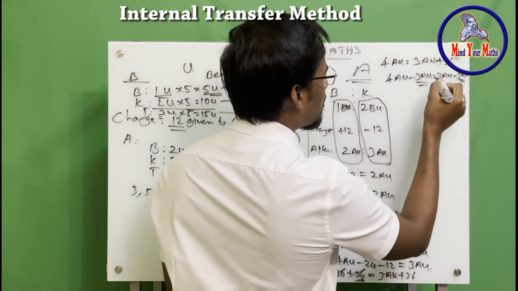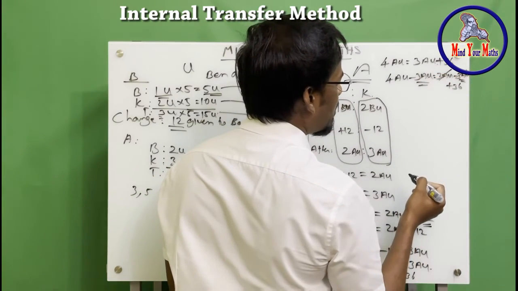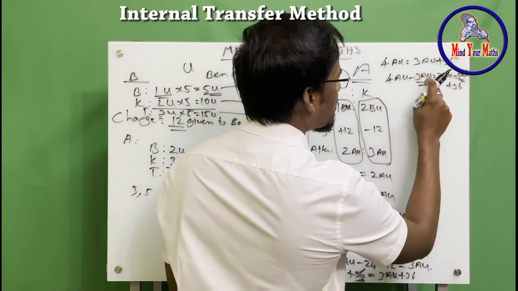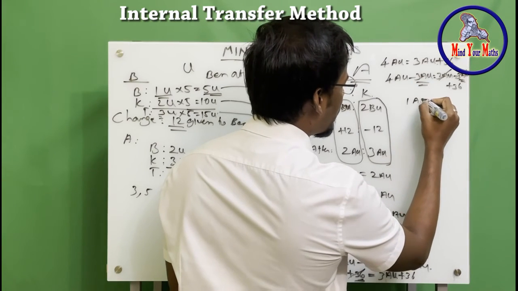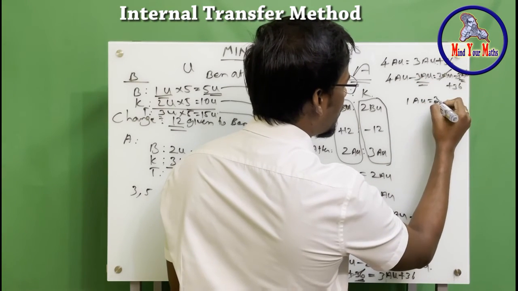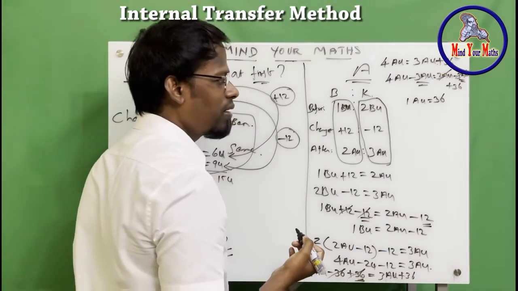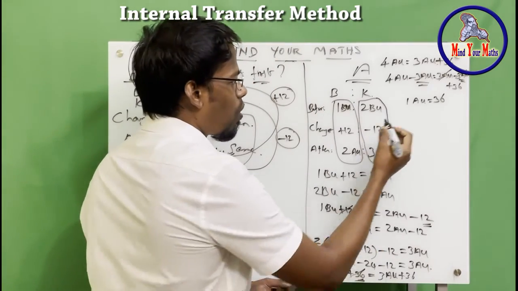So now this side it both gets cancelled to 0. This side 4 minus 3 is 1 after unit is equals to 36, yeah. So that's how we found 1 after unit.